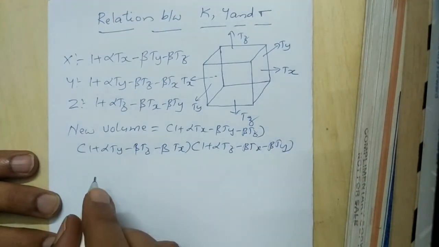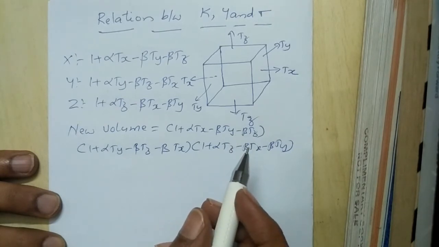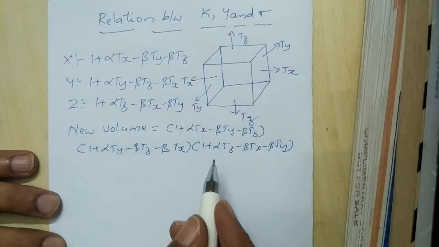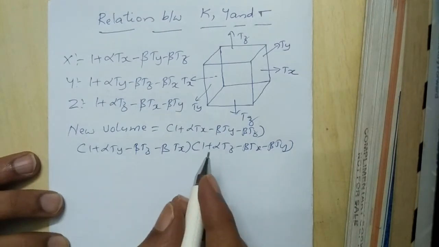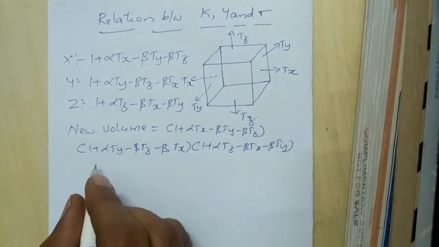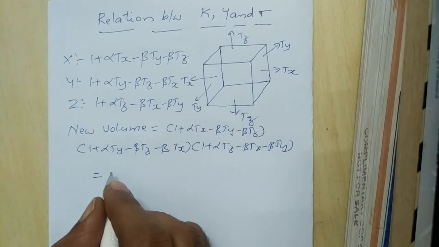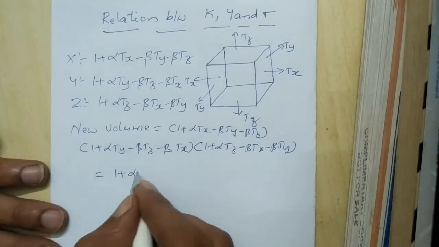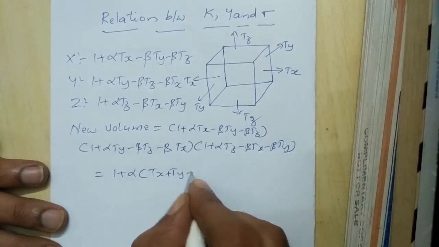Since alpha and beta are small, the products or the squares of which are negligible, when you multiply this, the new volume of the cube is equal to 1 plus alpha into Tx plus Ty plus Tz.